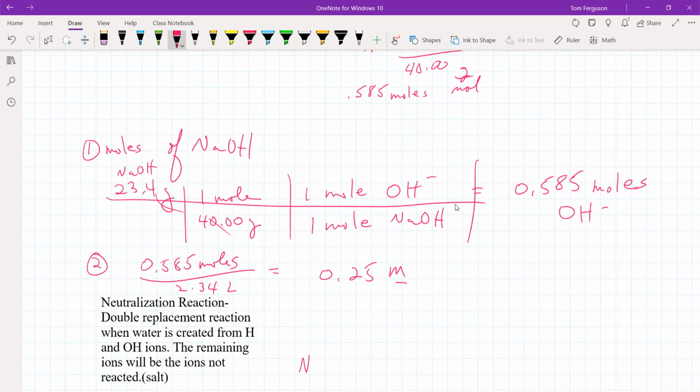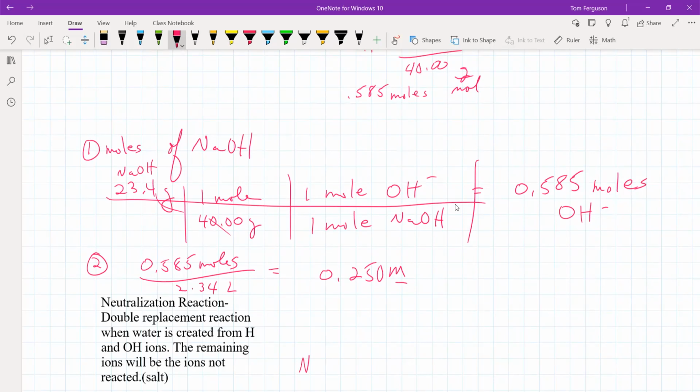What about sig figs? Is that the correct number of sig figs? How many sig figs do we have here? Every one of these is 3 sig figs. So we need to make sure it's 3 sig figs.